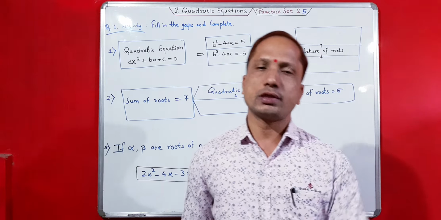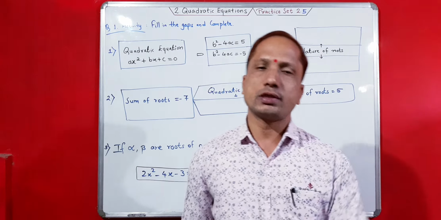The sum of roots is minus 7 and the product of roots is given, and we have to find the quadratic equation. So I will write the quadratic equation: x square plus 7x plus 5 is equal to 0. Why does this come? I know that x square minus (alpha plus beta) x plus alpha into beta is equal to 0. This is the quadratic equation for this type of sum.